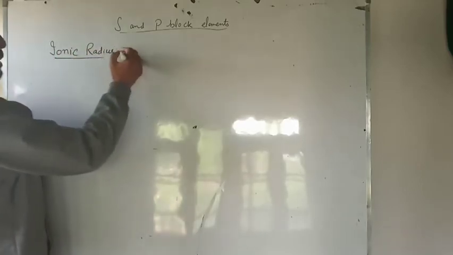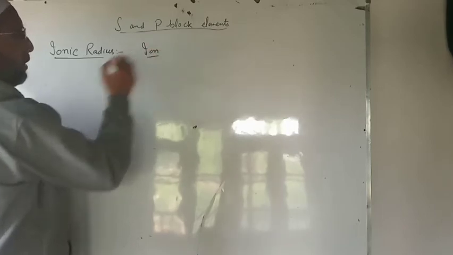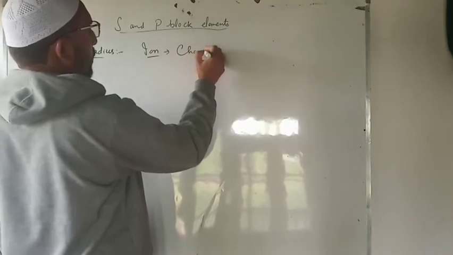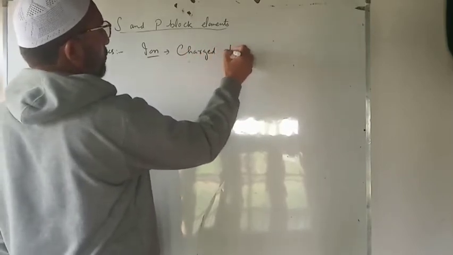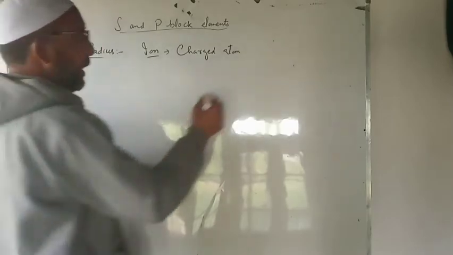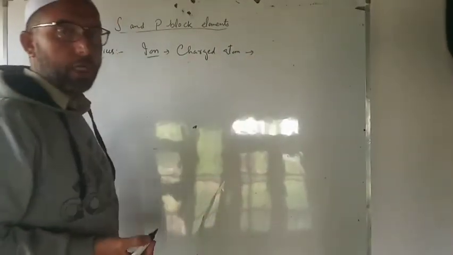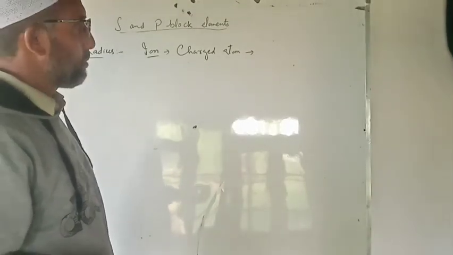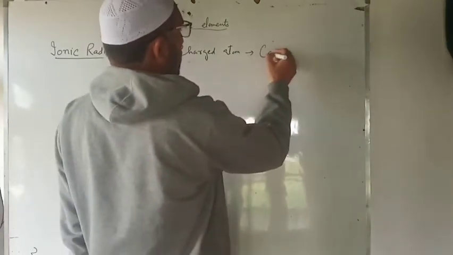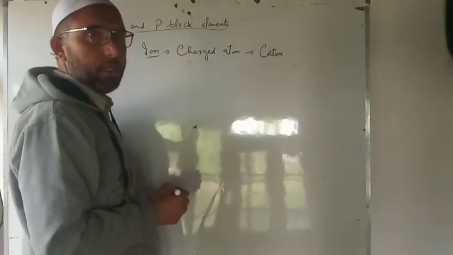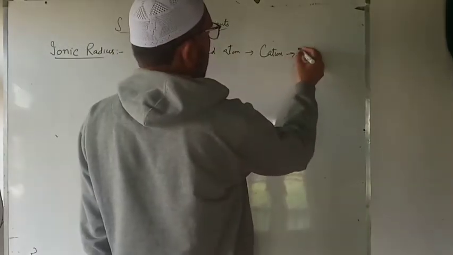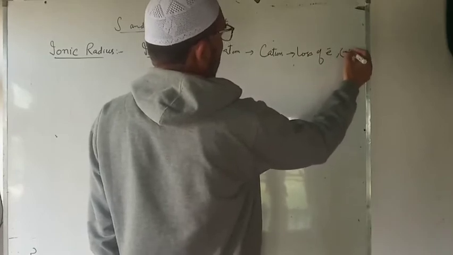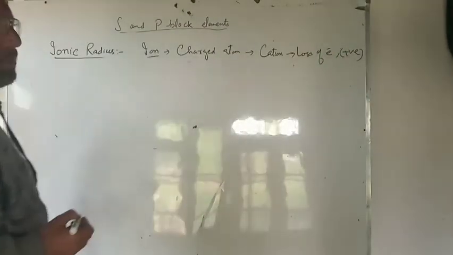First of all, let us see what is meant by an ion. An ion is a charged species, rather a charged atom. Whether the atom carries a positive charge on it or a negative charge on it, it is called an ion. So simply, ions are of 2 types. One is cation, which is formed by loss of electron, hence cation carries positive charge on it.